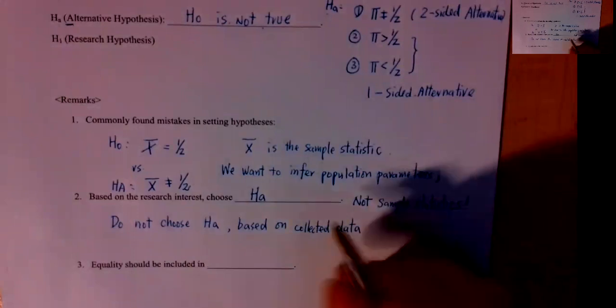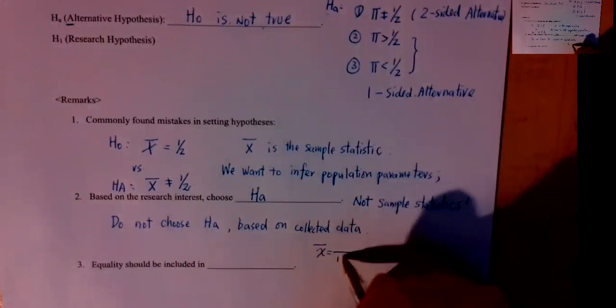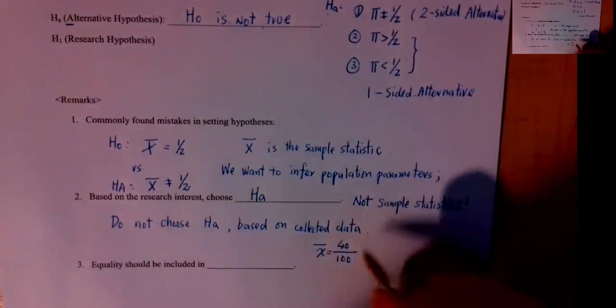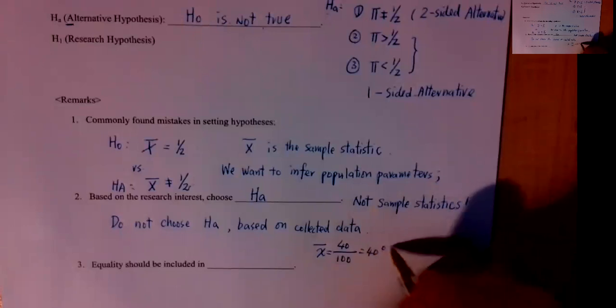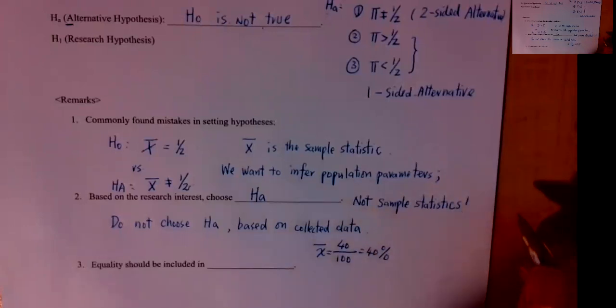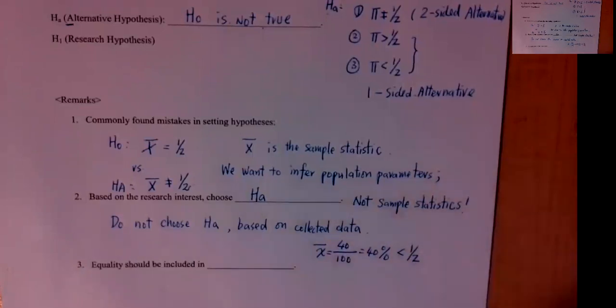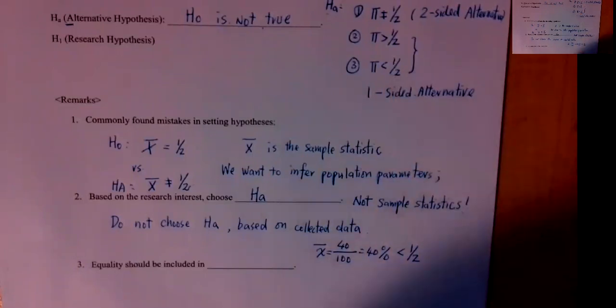Some people may say, okay, I flipped the coin 100 times, I see 40 heads. So the sample percentage, 40 over 100, is 40%. And 40% is a number less than 1/2. So I'm going to choose the third one, pi less than 1/2.